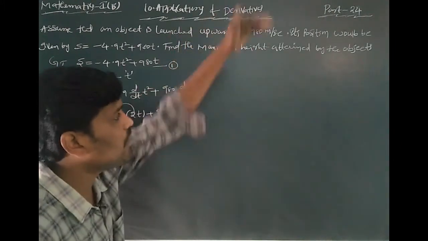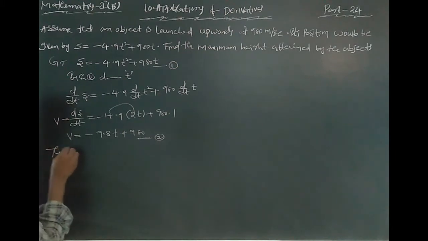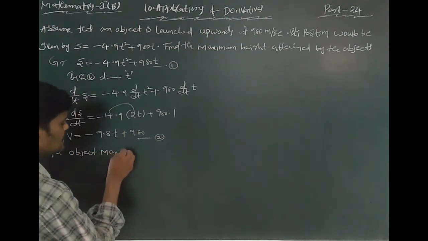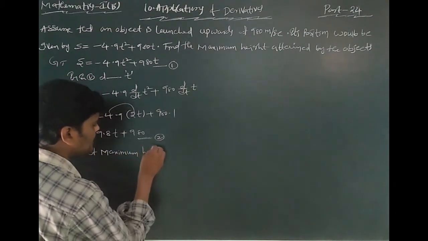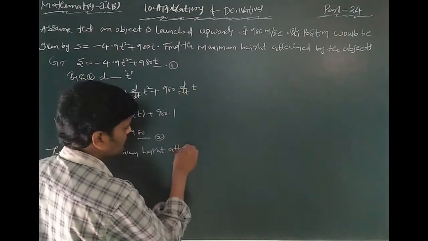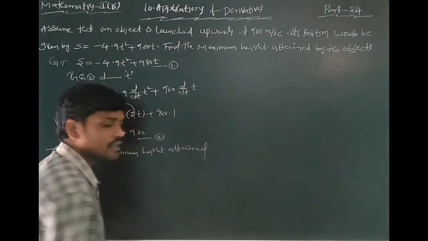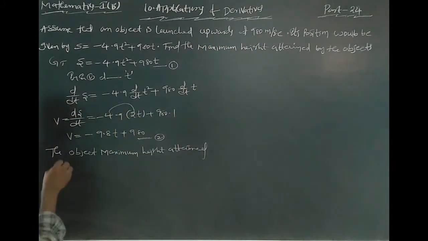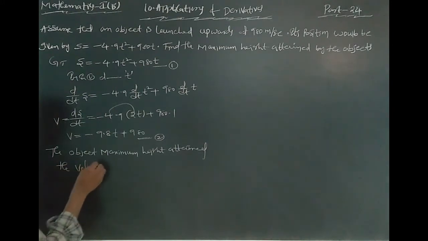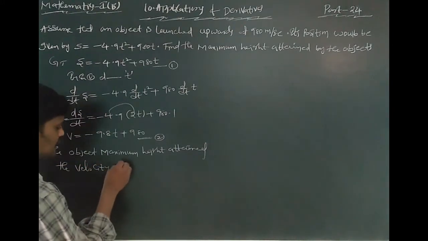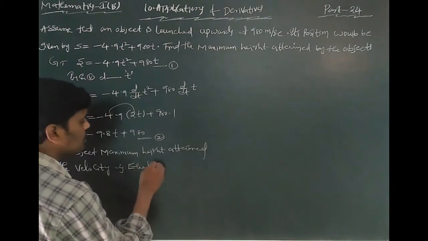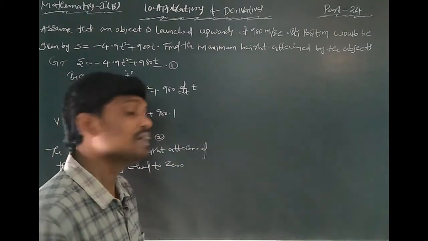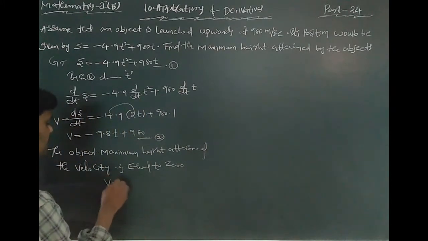Here maximum height attained. When the object attains maximum height, then velocity is equal to 0. This is a very, very important point. That's why you can put the velocity v value 0.